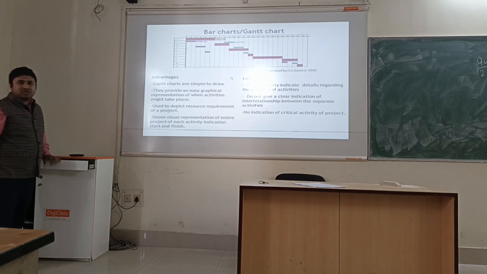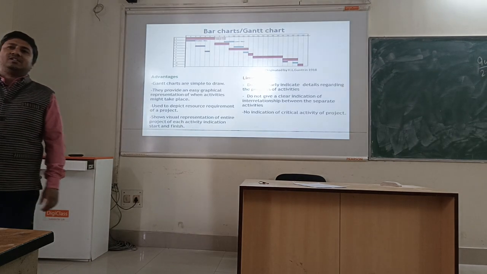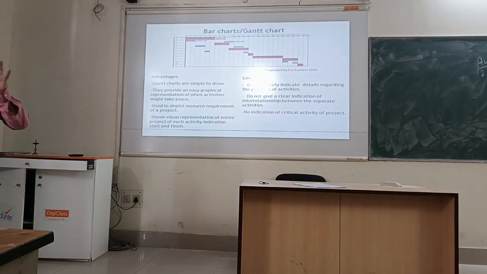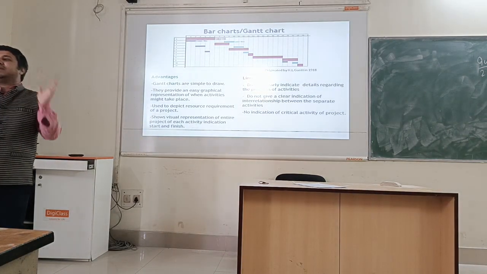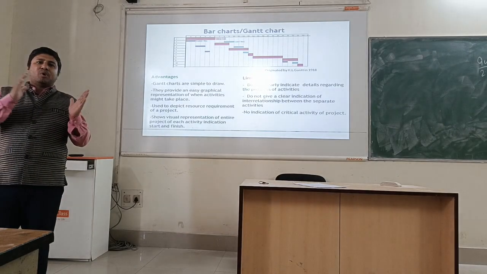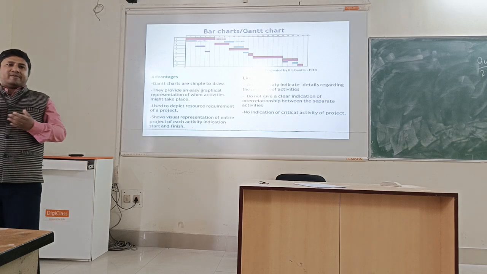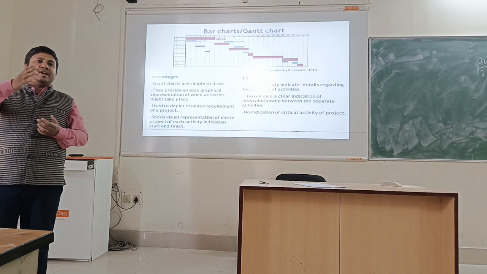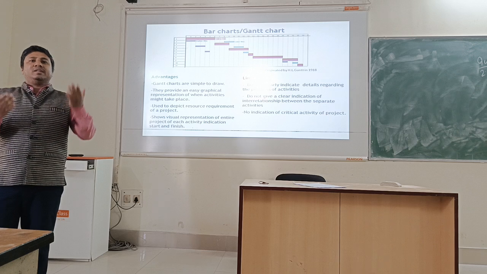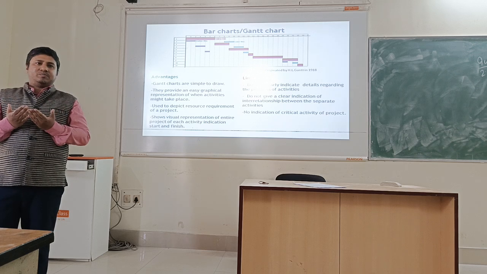The advantage of the bar chart or Gantt chart is that we can visualize how the progress is happening, what resources are allocated, and what percentage of resources is allocated. But the problem with the Gantt chart is that we cannot see whether any critical path or critical activity is going on, when it is finishing, or the interdependency between two activities.